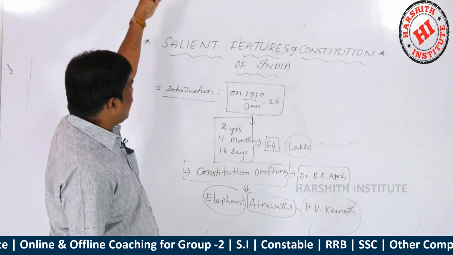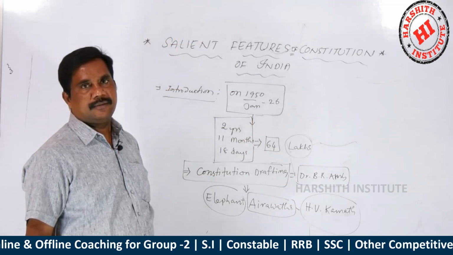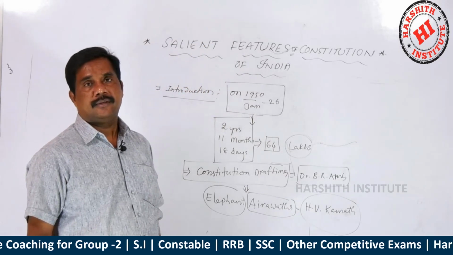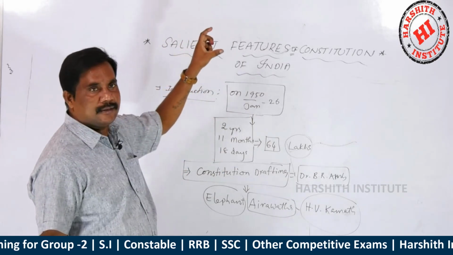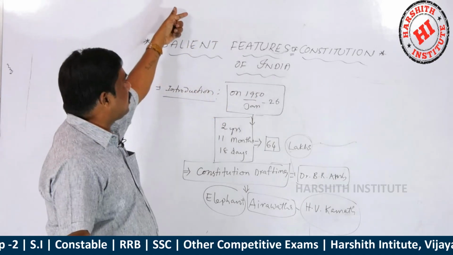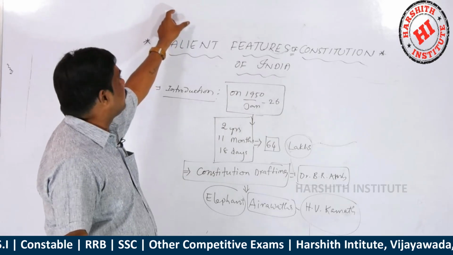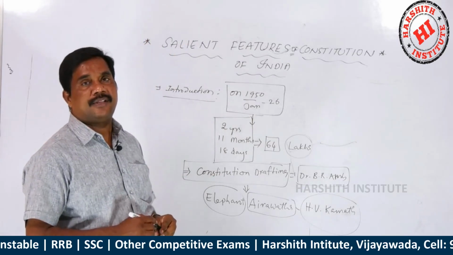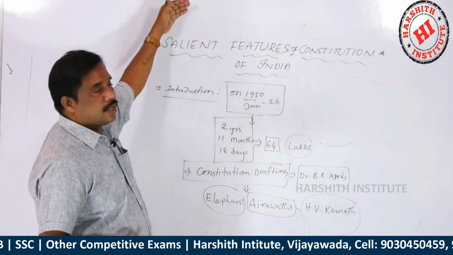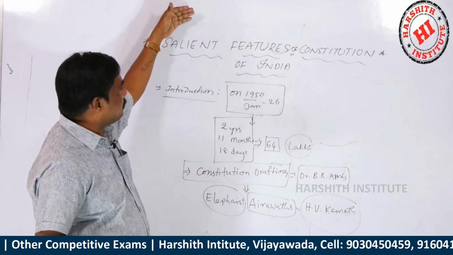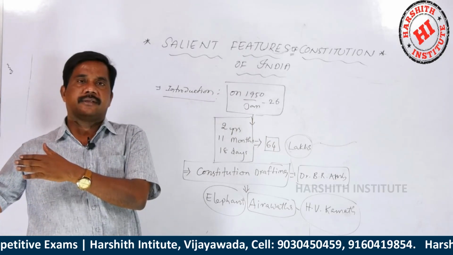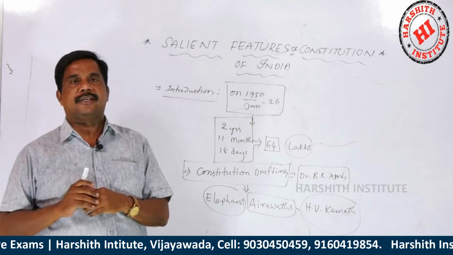But before this chapter, we have the historical background of the Constitution. We explained everything regarding it: the framework from the 1773 Act up to 1947, the Constituent Assembly and its work, and the stages in the process of the lawmaking system.